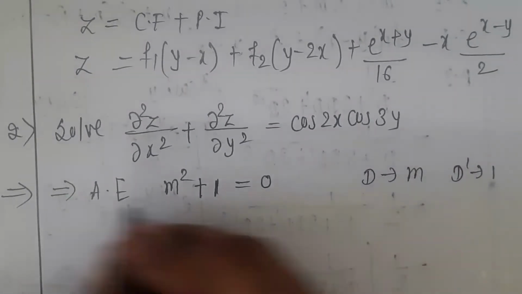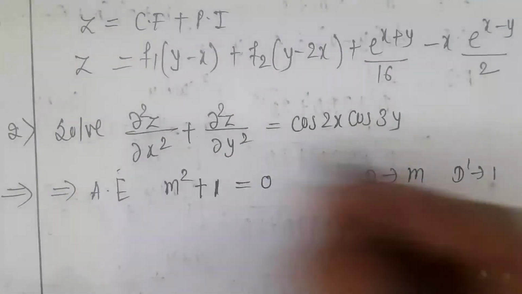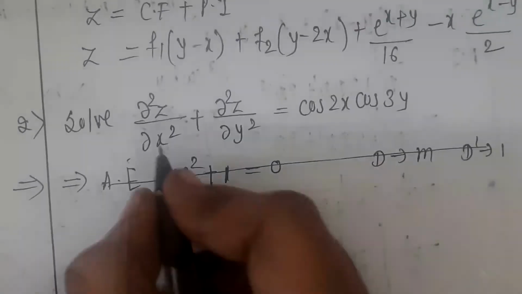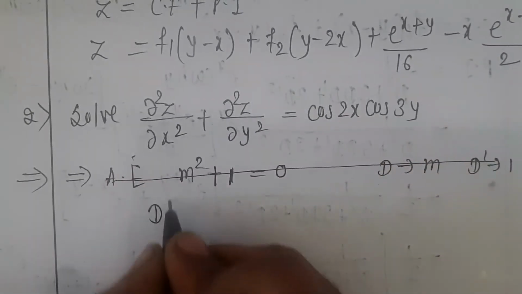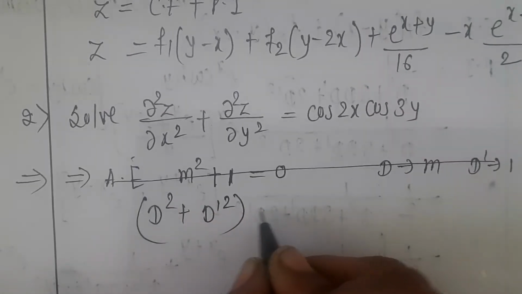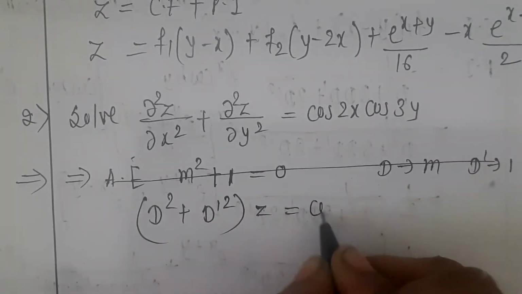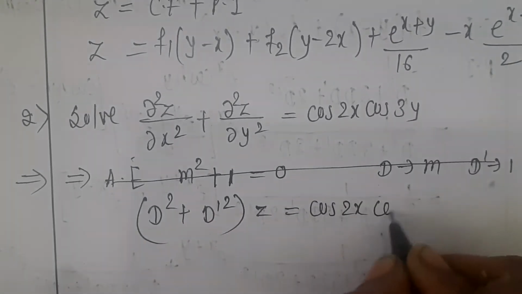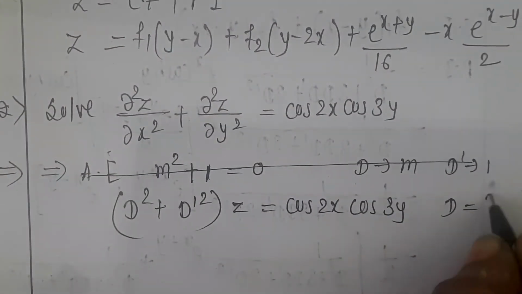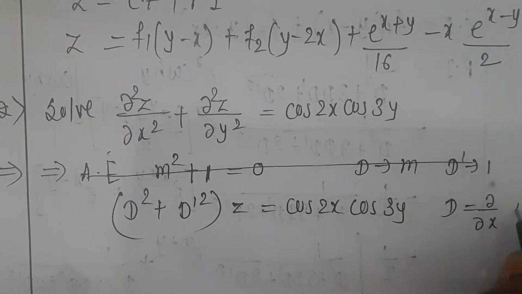And here first we have to write this in terms of d and d dash. So before this step we write one more step here: D square plus d dash square multiplied by z is equal to cos of 2x multiplied by cos 3y, because d is equal to del by del x and d dash is equal to del by del y.